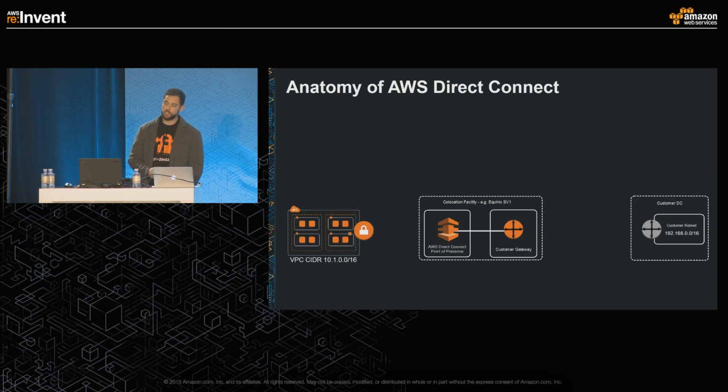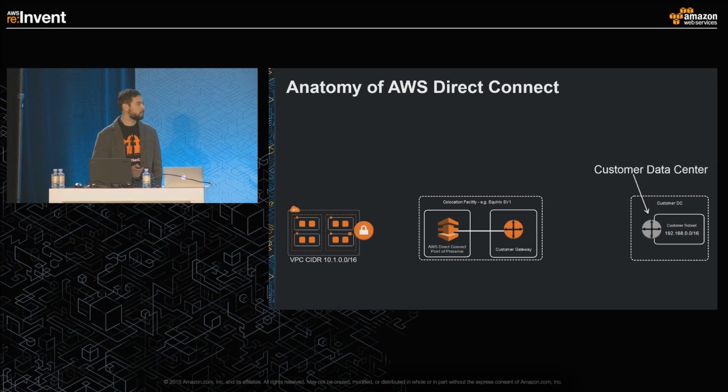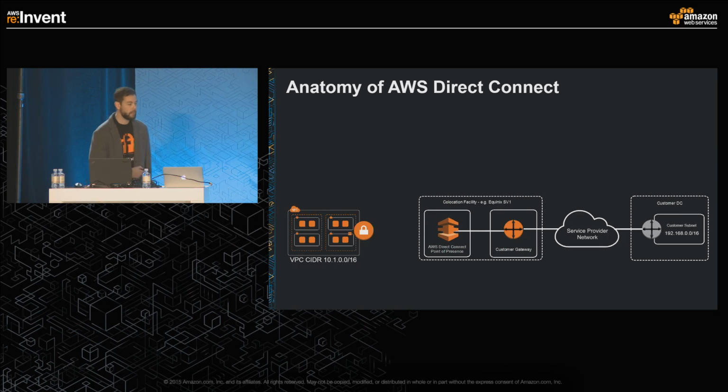Okay, so let's just say that our customer data center where our applications are is off-site. It's our on-premise deployment in a data center that's not at the co-location facility. How do we get that back to the co-location POP? Well, we probably use a service provider network like an IP MPLS or a VPLS or a point-to-point circuit or a DWDM, something similar.